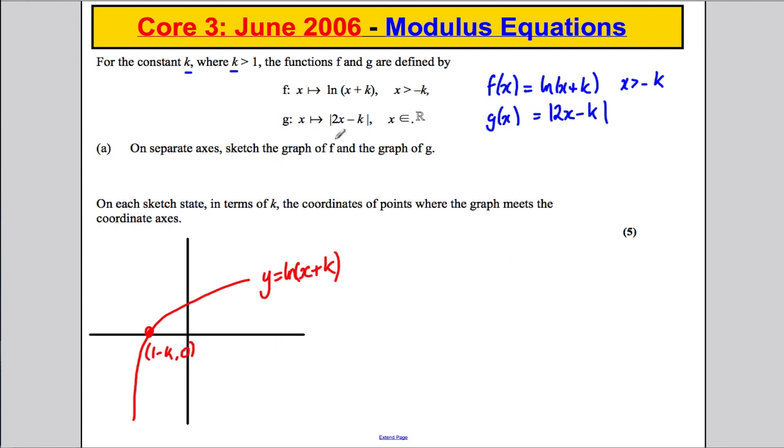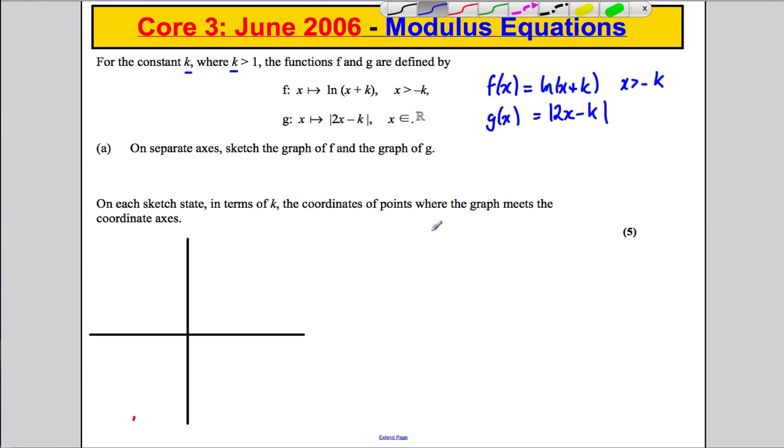Now, how do I draw this graph here? That's f done, so I might even write f of x there. For g of x, I might just draw this one on a separate page, so I'm going to rub this one out. The first thing with g of x, I would draw the graph y equals 2x subtract k.